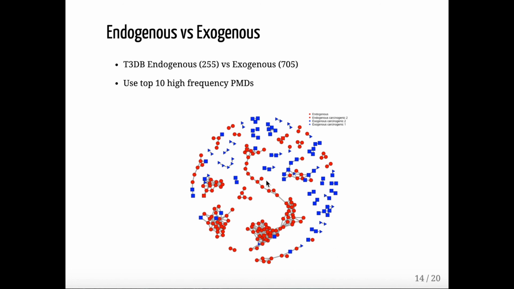If a compound is coupled into a network with a larger average network distance, in most cases it's an endogenous compound. But if they are isolated, in most cases we can say that it's an exogenous compound.